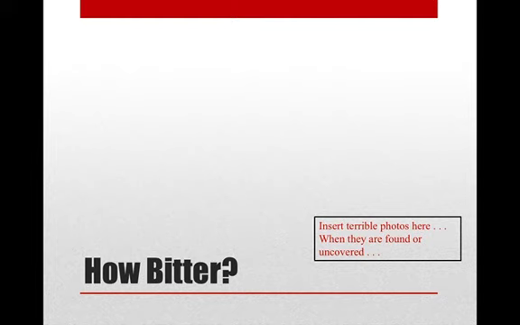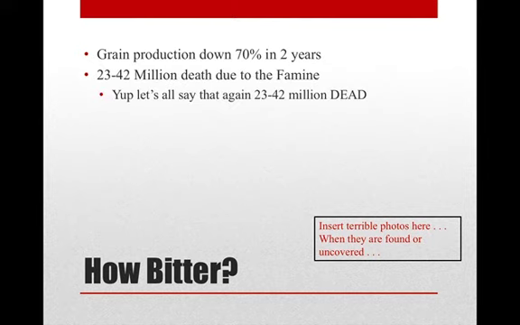So what happens? You have the Great Leap Forward equals the Great Famine. You saw all the stuff that happened in the Great Famine, which equals nobody's eating. Grain production goes down 70% in 2 years while the population is going up. That's bad.